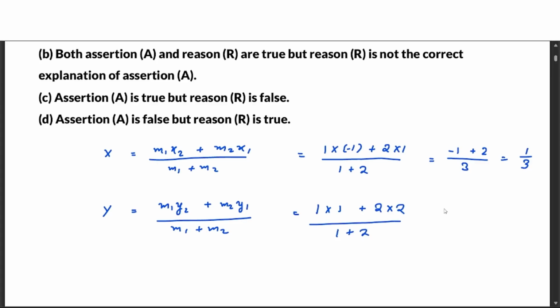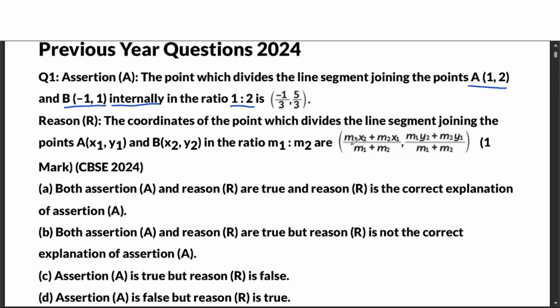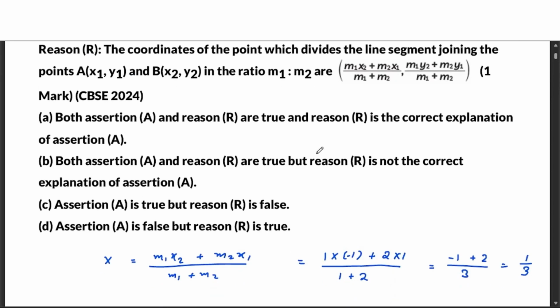Now you can solve this, you will get 1 plus 4 over 3, which means the coordinate is 5/3. And here the coordinate given is -1/3 and 5/3, but we have got 1/3. So which means A is not correct. Assertion is false, but reason is true. So option D is correct.